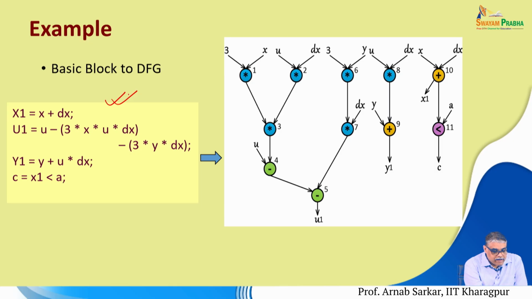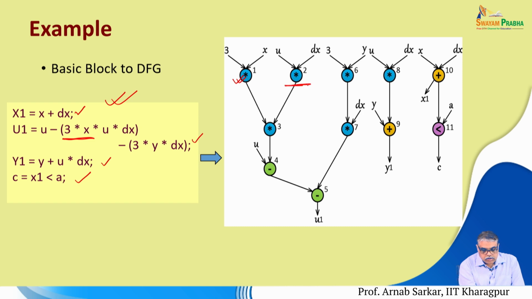Here you have these operations: x1 equals x plus dx, u1 equals u minus 3 x u dx minus 3 y dx, y1 equals y plus u into dx, and c equals x1 less than a. These are the statements within the basic block. Now, for that we will first obtain the data flow graph. If you obtain the data flow graph, let us see what this node is performing. This node is performing 3 into x here.